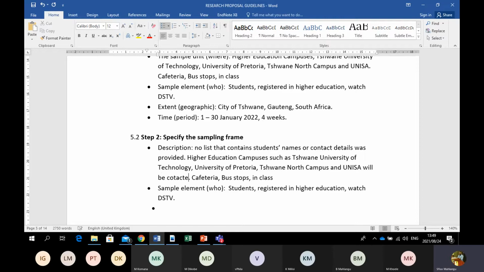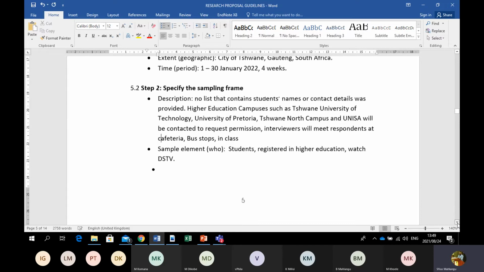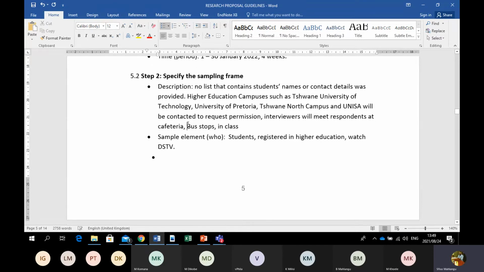So we write it as a proposal. They will be contacted. Remember, this was part of the ethics about access. They will be contacted to request permission. Interviewers will meet respondents at the cafeteria, just making it as a sentence. Remember, we don't have a list, so we must be as clear as possible about how we're going to contact these institutions or find these students and interview them.